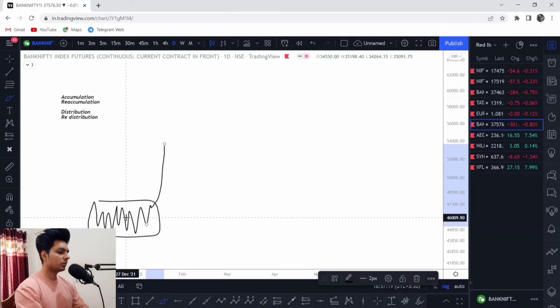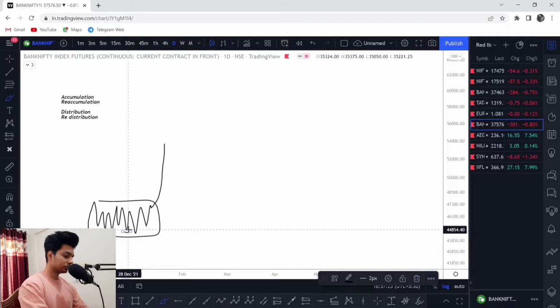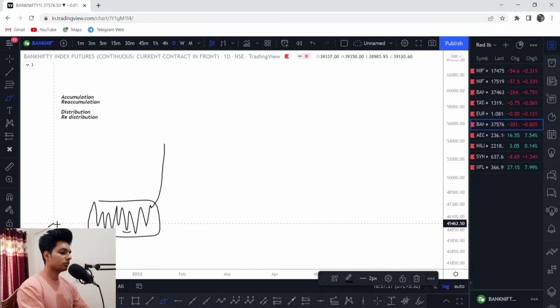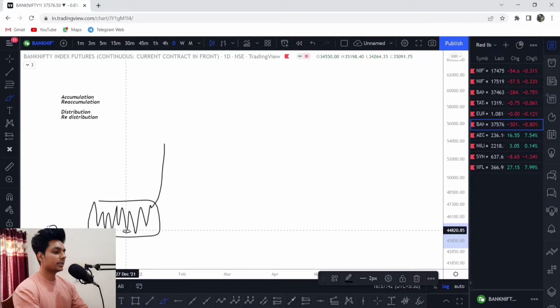The institutions are trying to use people who put their stop losses below here as buy orders. So these sell orders will eventually be the buy orders for these institutions. As these retailers are buying around this point, they are putting stop losses below this, and these stop losses are the sell orders, and that's how these sell orders become buy orders for these institutions. So it's an accumulation.